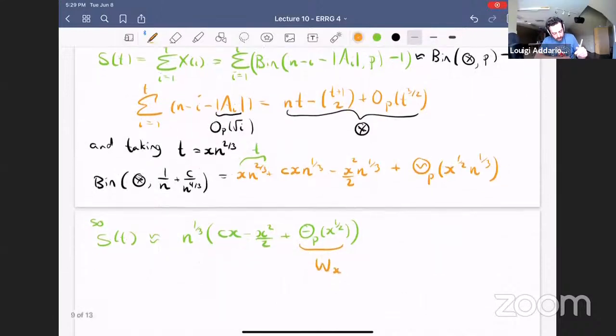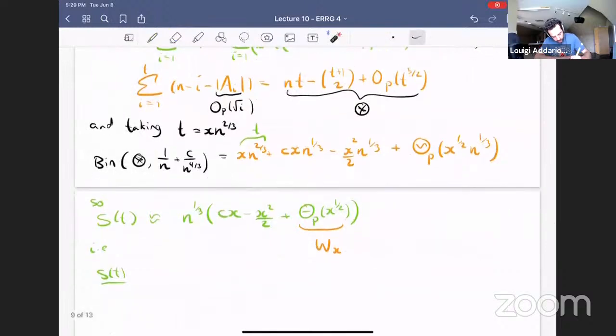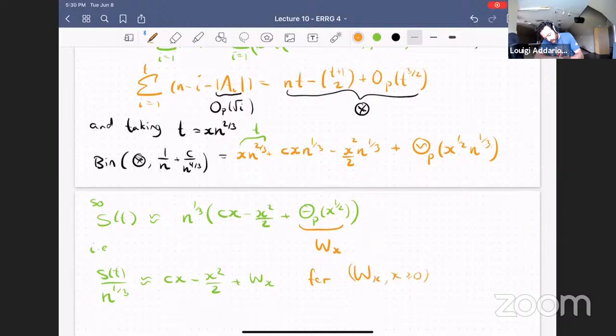Okay, so this is saying that S of t on, now maybe my lack of an n in the notation for S is a bit of a shame, but this process depends on n here. So S on n to the 3rd is looking like cx minus x squared on 2 plus Wx, for x at least 0, just a standard Brownian motion.